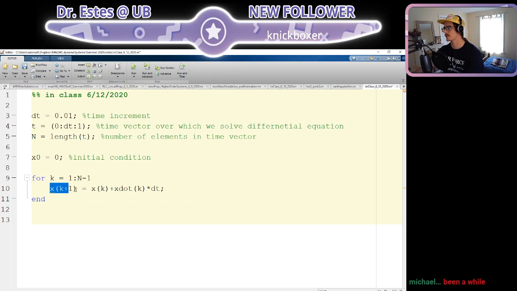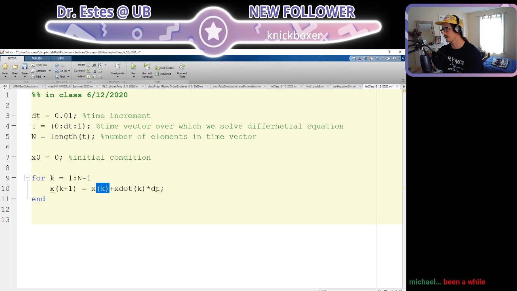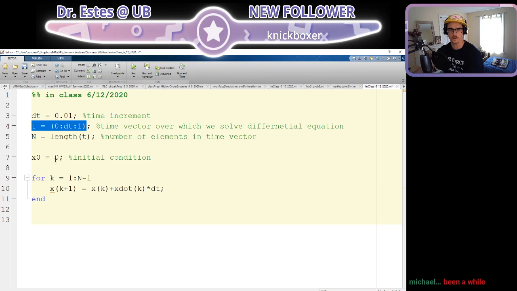So conceptually, this is the Euler forward equation. X in the future is x now plus the rate of change times my time interval. And what the for loop does is it keeps doing this operation over and over again until I've cycled through all of the times that I want to solve for.